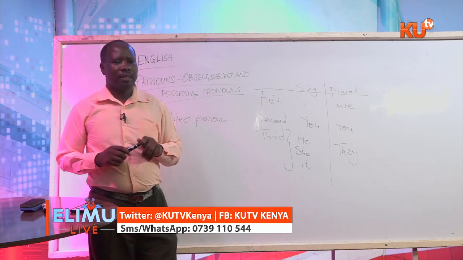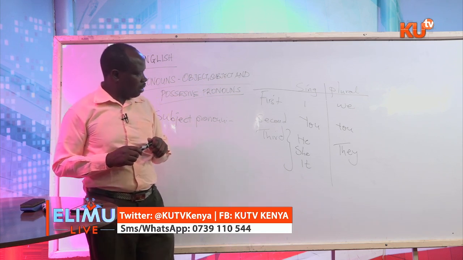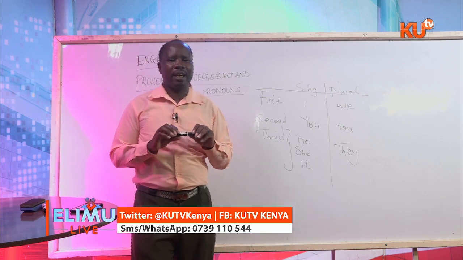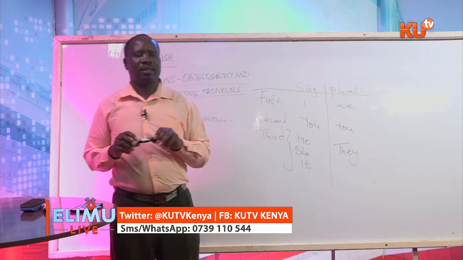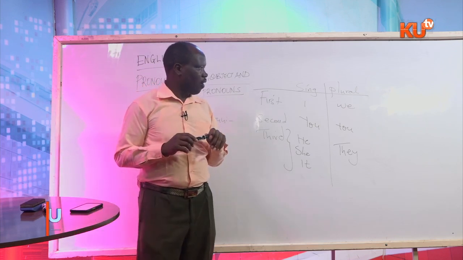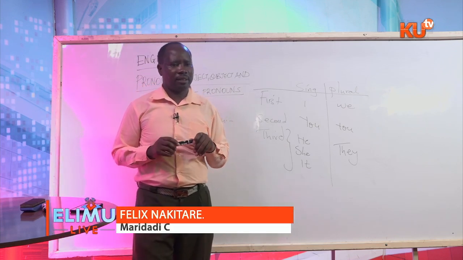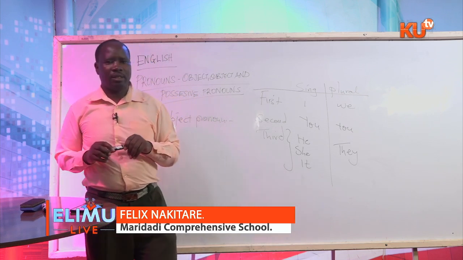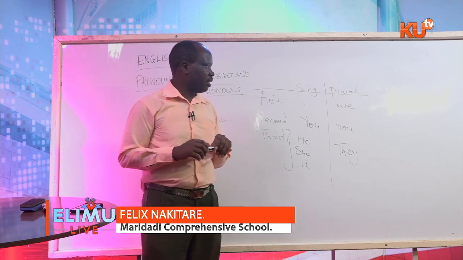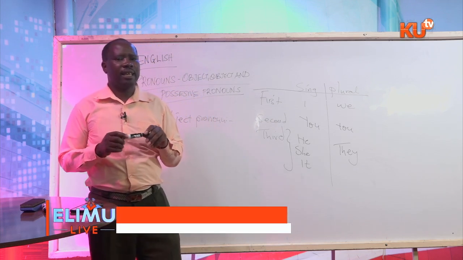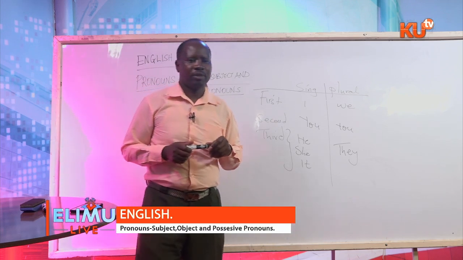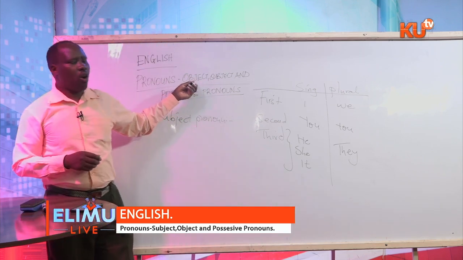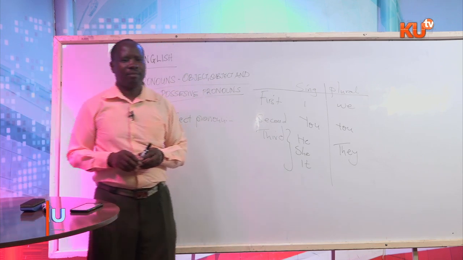And with that, after having known the subject pronoun, we move to the second part that we learned in our last lesson on parts of a sentence. Subject is the doer. Then we come to object, which we said earlier is the receiver of the action. That will take us directly to the second one, object pronouns.